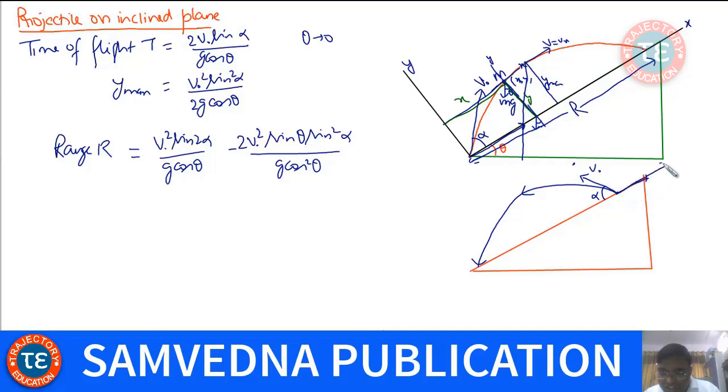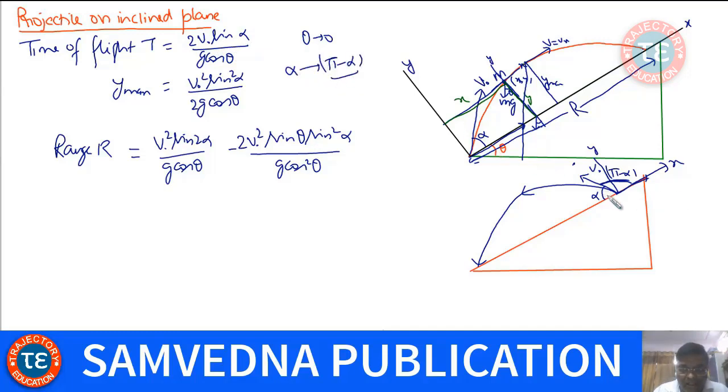If I stick to the same coordinate axes, then according to these formulae, the angle of projection in this case is pi minus alpha. So you just replace alpha everywhere by pi minus alpha.